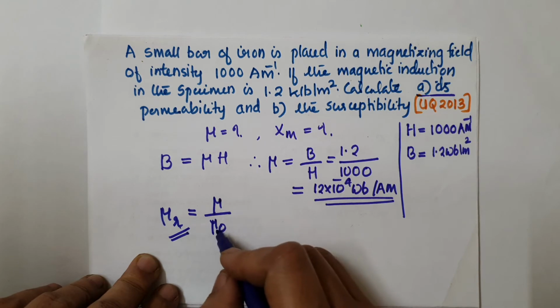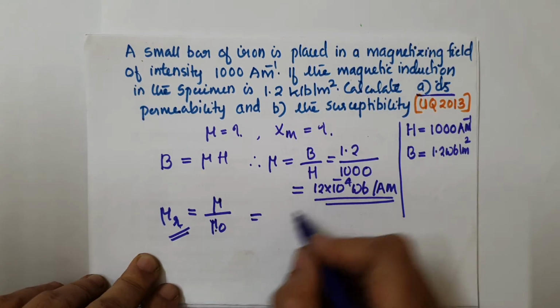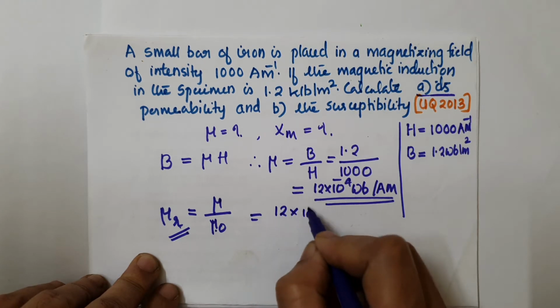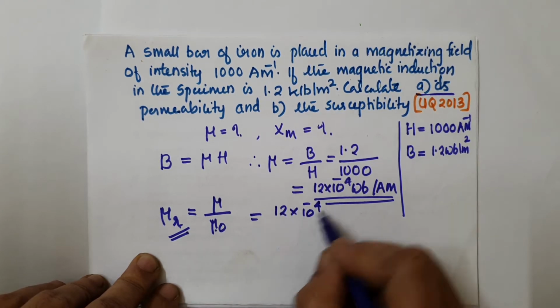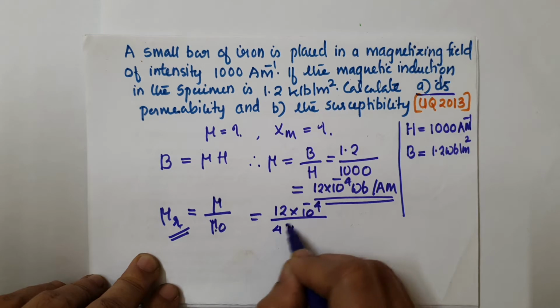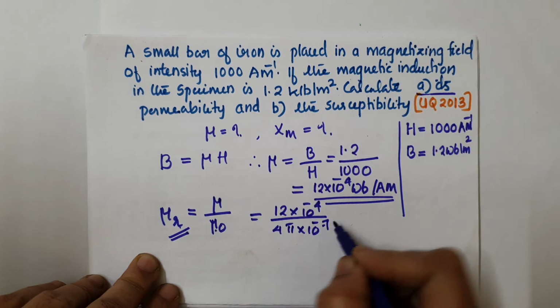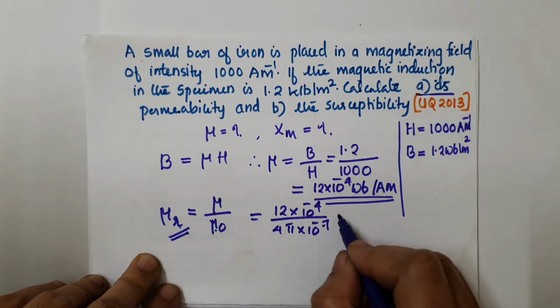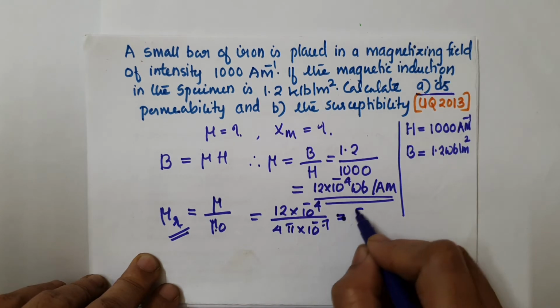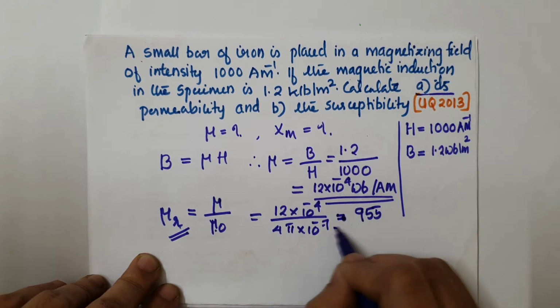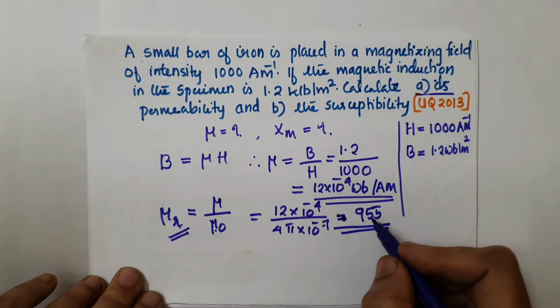Therefore, mu is given as 12 into 10 raised to minus 4, and mu 0 is 4 pi into 10 raised to minus 7. Therefore, the relative permeability mu r will be 955. This is the relative permeability.